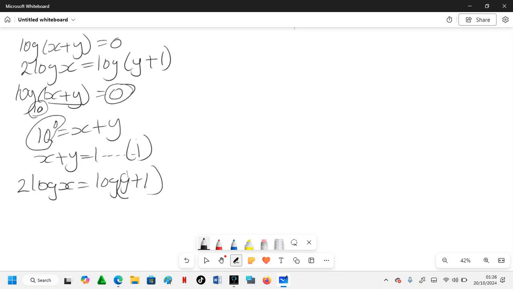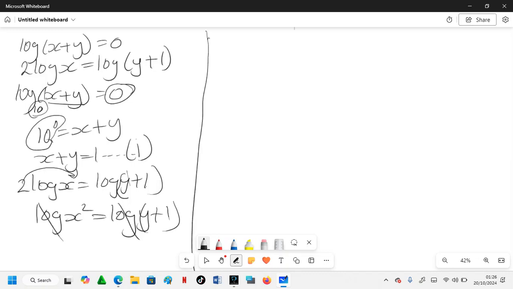We can take this 2 there, so that we have log x squared is equal to log y plus 1, right? You can see that the logs can now be dropped. Okay, so I want to write our two simultaneous equations here. We have x plus y is 1, and then we have x squared is equal to y plus 1, and this can be solved simultaneously.